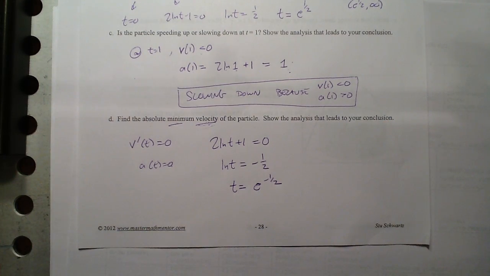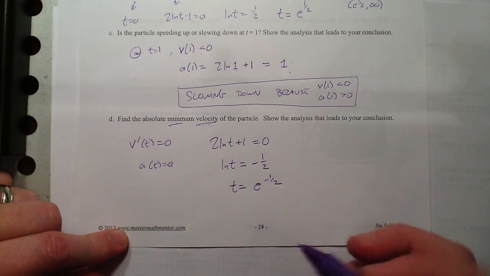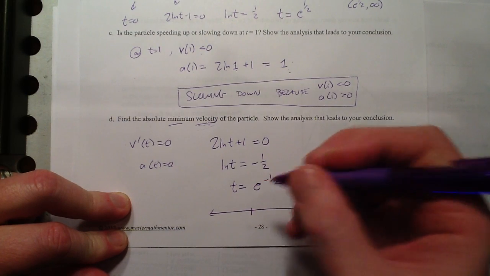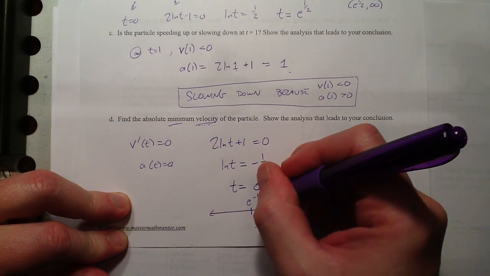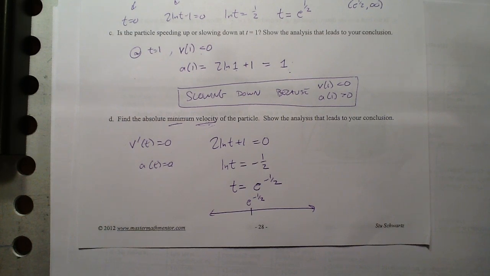And it just remains to show that this is, in fact, a minimum. So here's e to the negative 1/2. That's 1 over the square root of e. And the square root of e is maybe 1.5-ish, something like that.